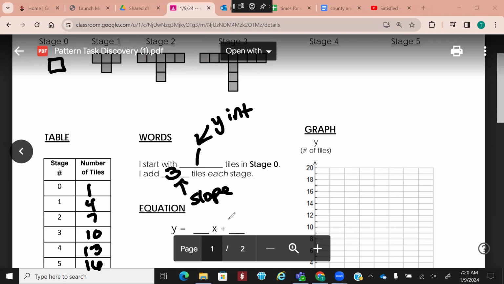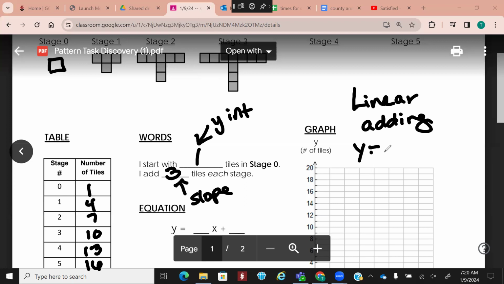Now, when we write an equation, especially a linear one, because we know that this is linear because we're adding 3 tiles each time. Now, for a linear equation, what does that equation look like? Remember? A line.